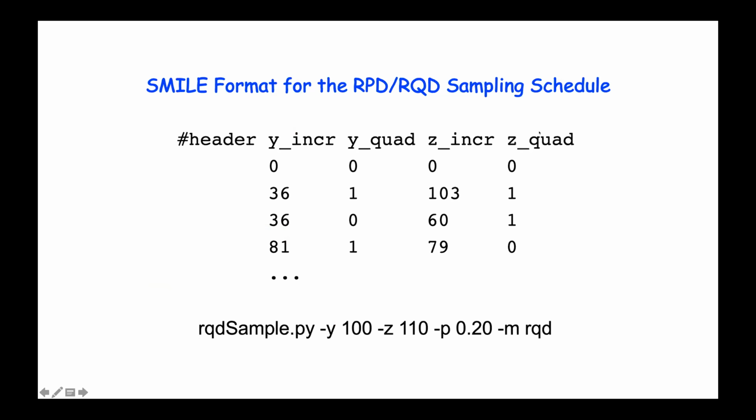And for the z dimension for 3D, you have a column for increment and a column for phase, okay? And I have a tool, RQD sample.py, that comes up with something like that. And if you download the latest version of SMILE, you should have this already.